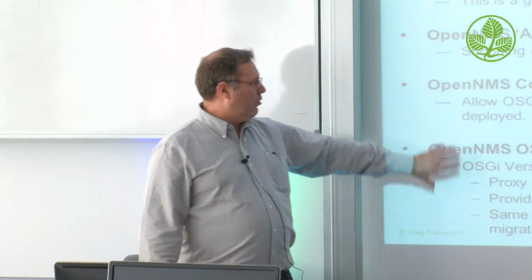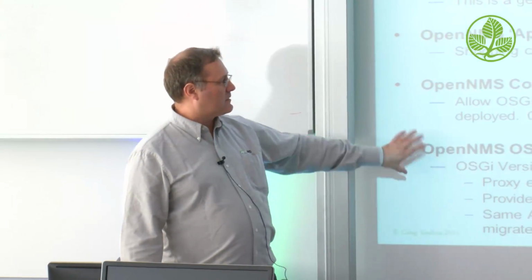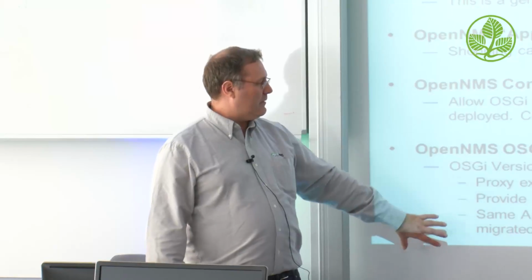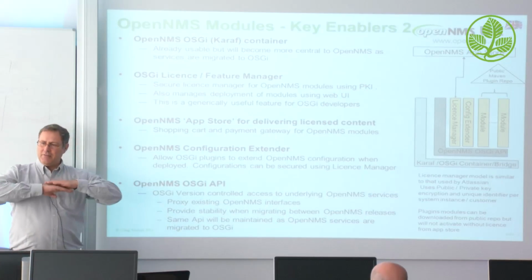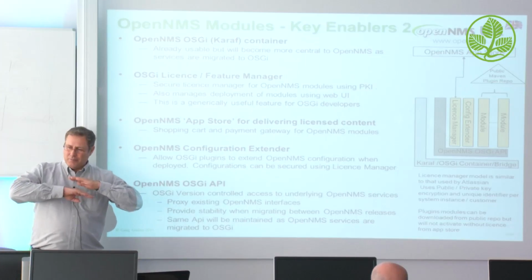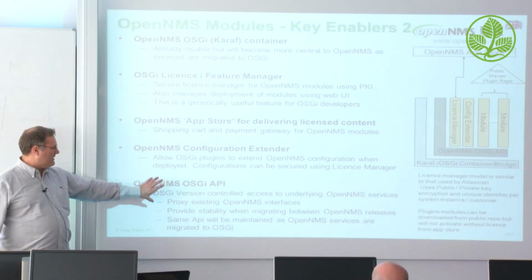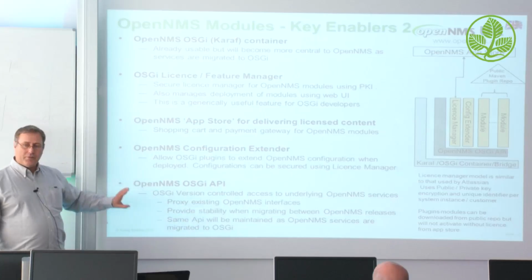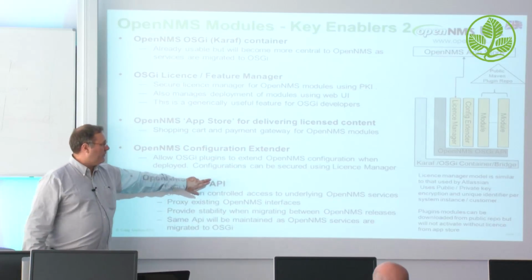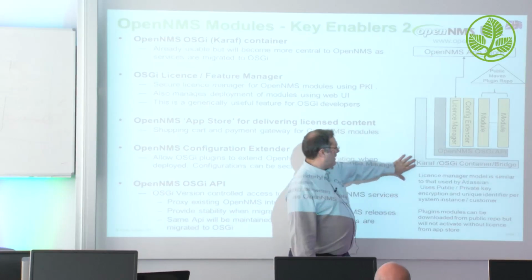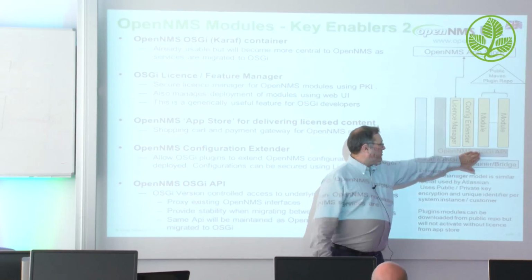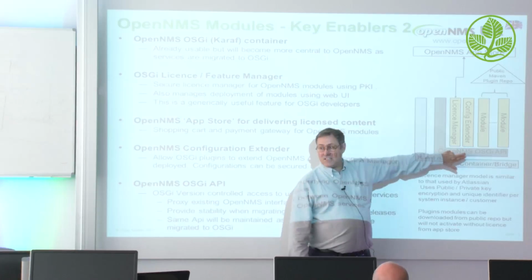At the moment, the APIs being exposed are the standard OpenNMS APIs, but there's no OSGi API that remains stable. So the problem we have is that from release to release, these things can change. What we've got to get to is a common API shim that stands between the rest of OpenNMS and the modules, and that stays stable release over release.